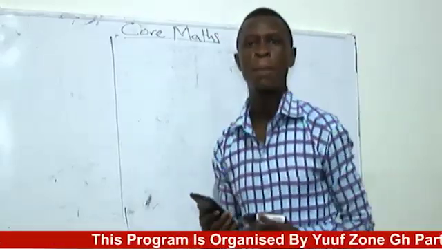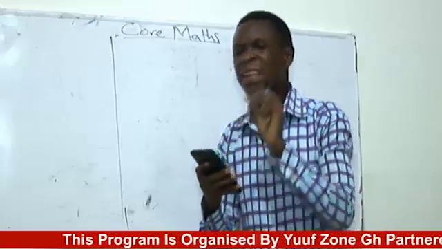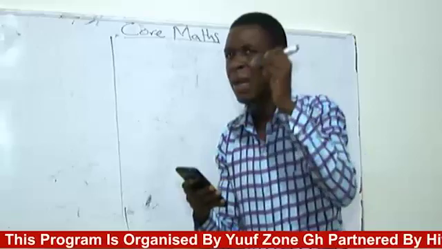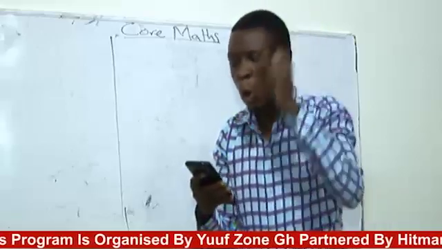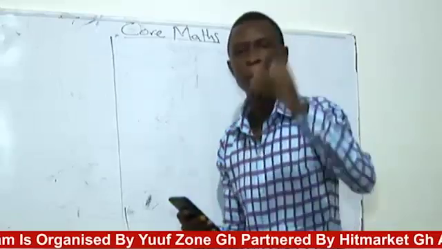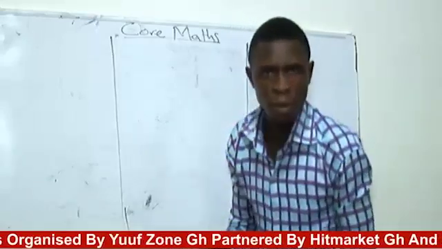So let's see how we approach it. Looking at the question, they said some shirts. The way you hear some shirts, it means we don't know the actual number of shirts that the 720 Ghana cedis can buy.